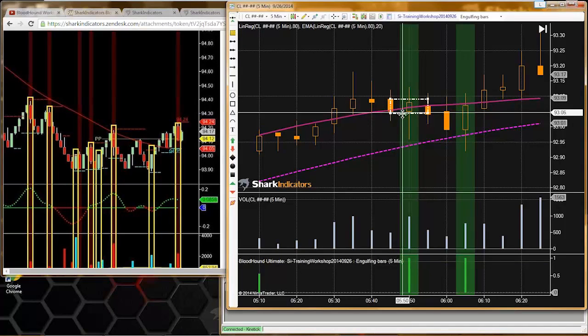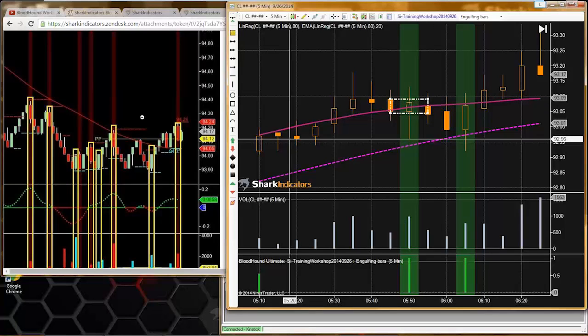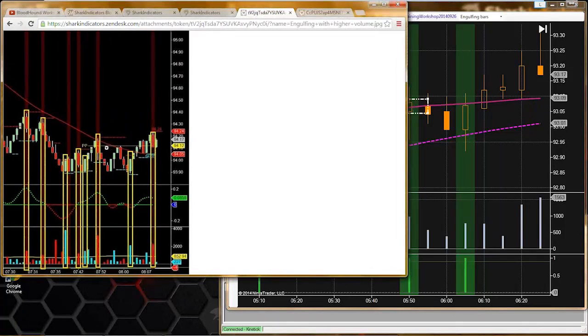A true engulfing state requires the bodies to be bigger. But it looks like on Charles has a special type of candle bar here. So it looks like the body's always going to be engulfing, and he's just more concerned about the wicks.